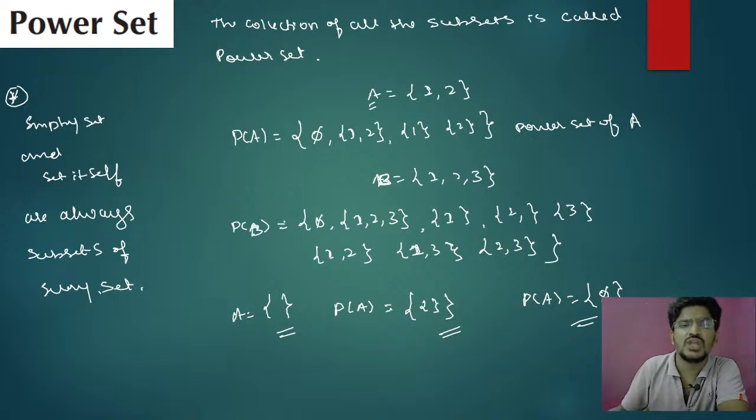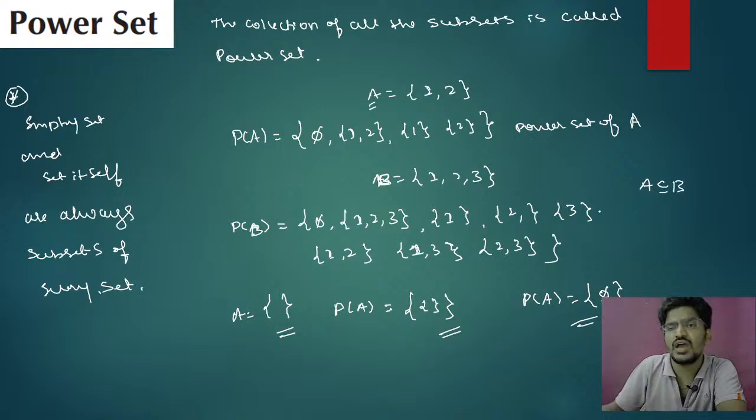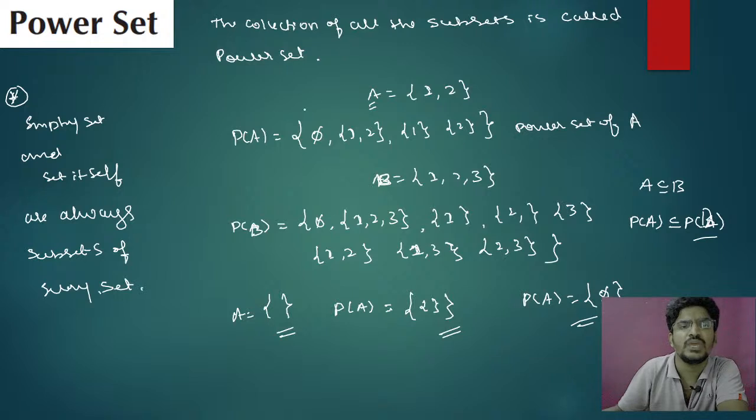Okay. So now here A is a subset of B, and you can also see that P of A is also a subset of P of B. That means power set of A is a subset of power set of B. You can check: empty is present, 1, 2 is present, 1 is also present, 2 is also present.